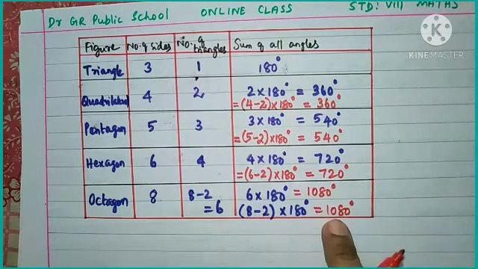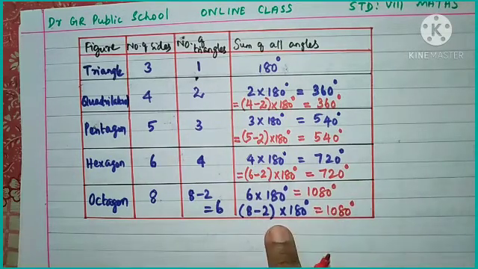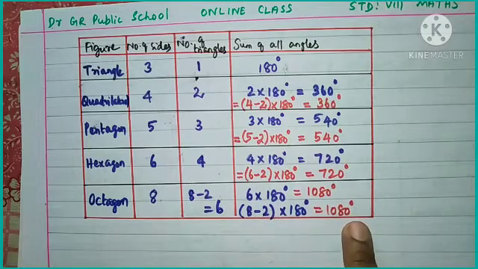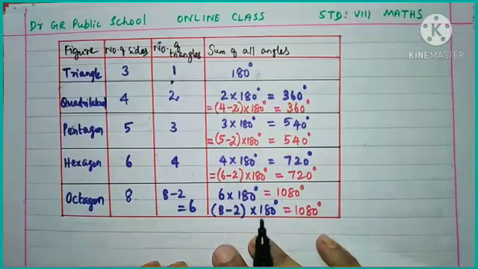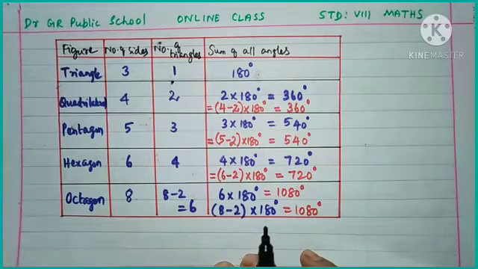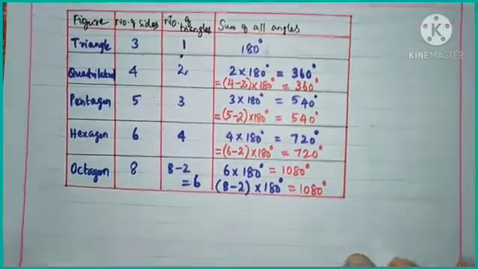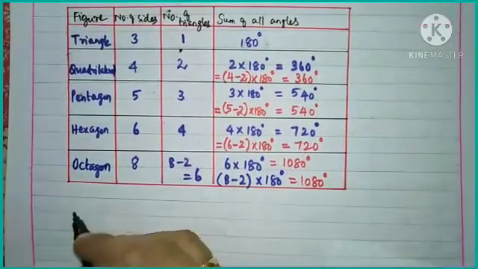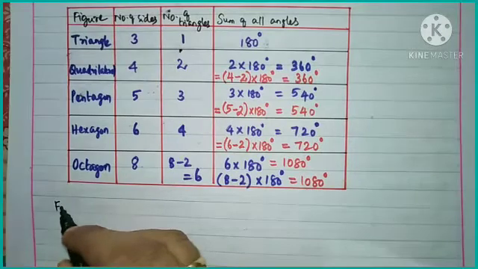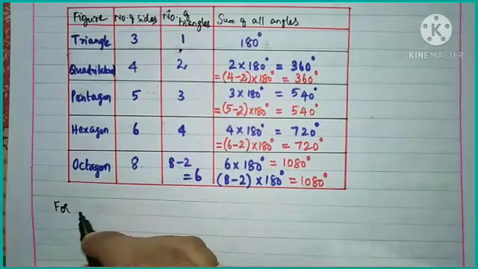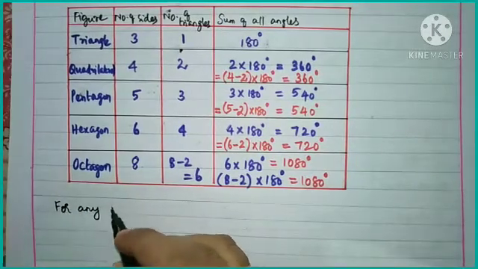Okay, so this is the concept of finding the sum of all angles of any polygon. In this way we can find for any polygon the total sum of the angle measures. So this is the conclusion for any polygon.